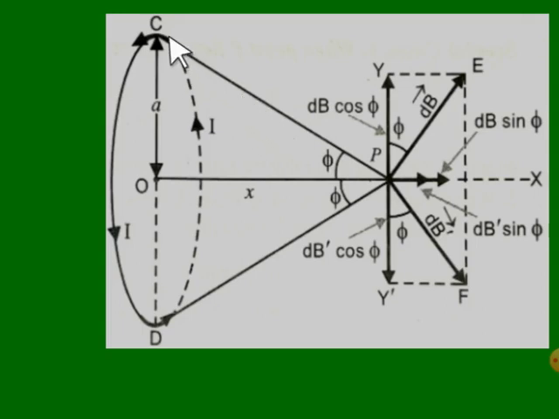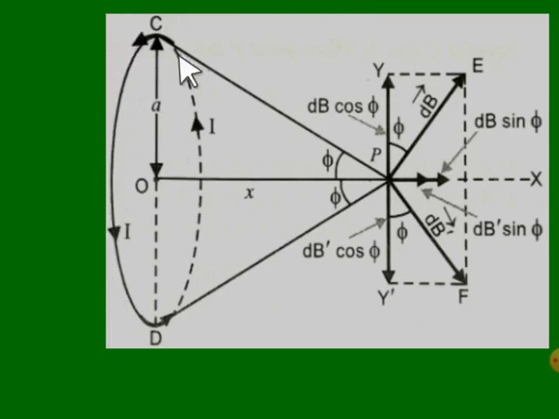And mind you, the angle between this position vector r and the current element I dl will be perpendicular. Got it? If P happens to be somewhere here, then you may take it that there is a plane perpendicular to the plane of the paper, and every line onto it, whether it is a straight line like this or bending like this, will be perpendicular to that vertical plane.